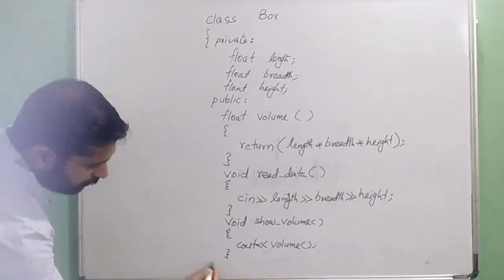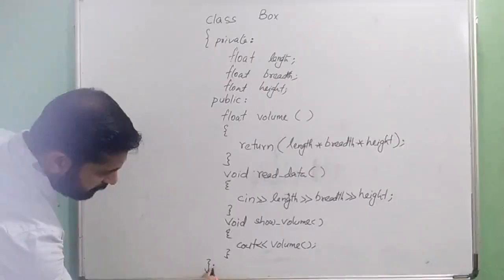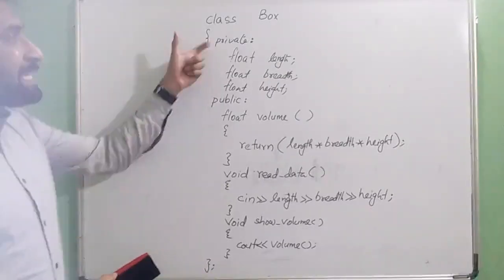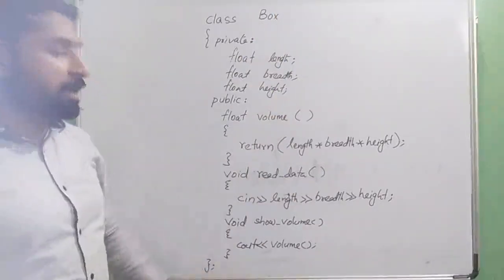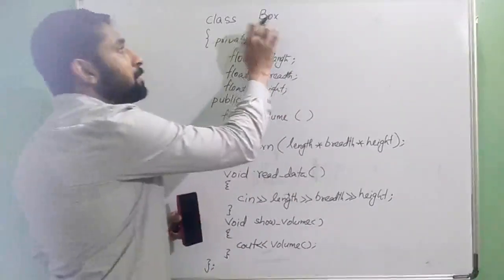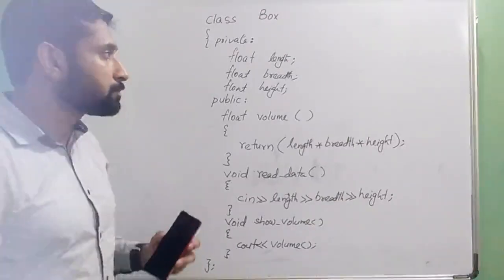And finally we are closing the curly braces and putting a semicolon. So this makes the definition of a class named box.